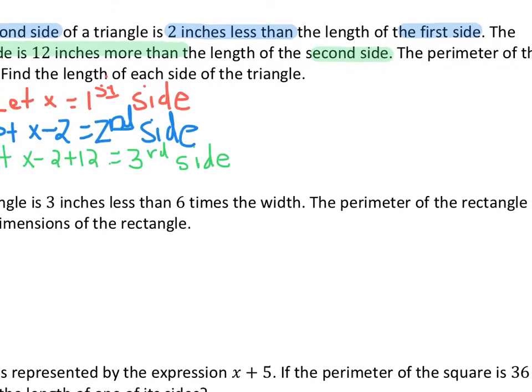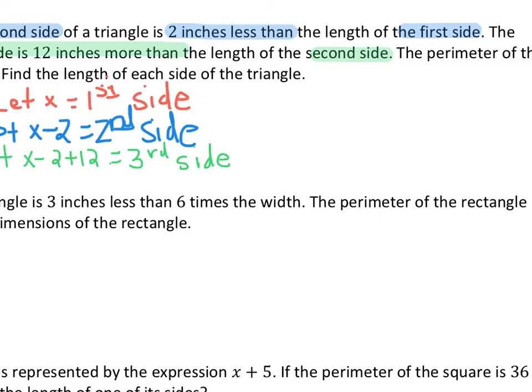So we have our first side is x plus our second side, which is x minus 2, plus our third side, which is x minus 2 plus 12, and all together that equals 74.